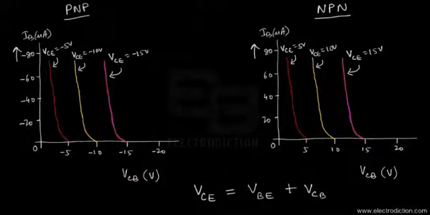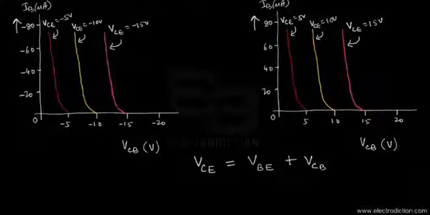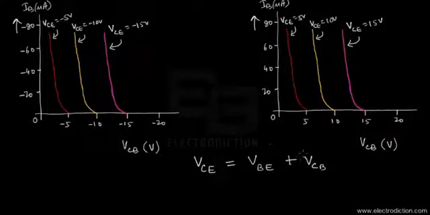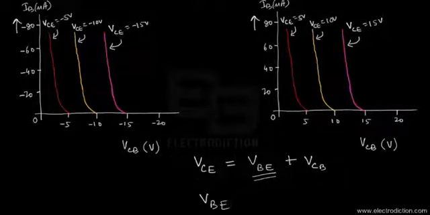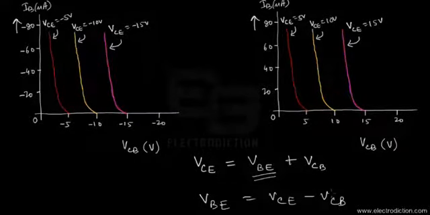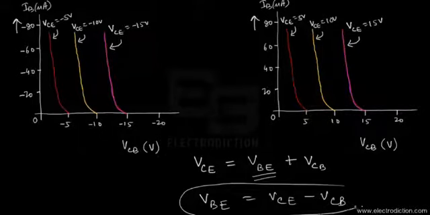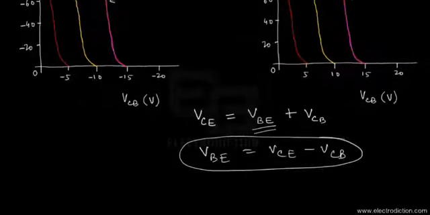Now if we make VBE the subject of formula from this equation, we get VBE equals VCE minus VCB.